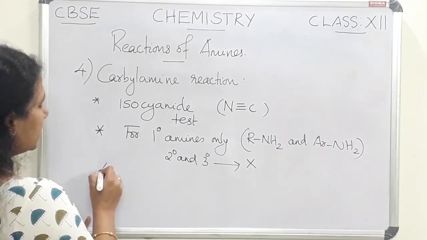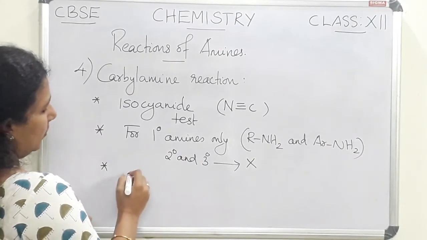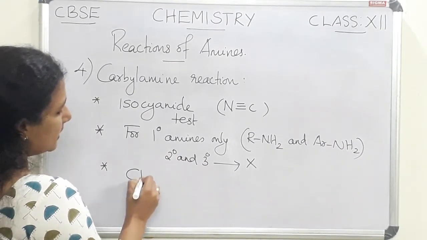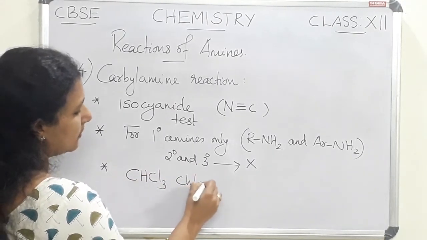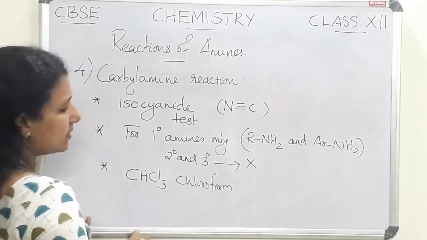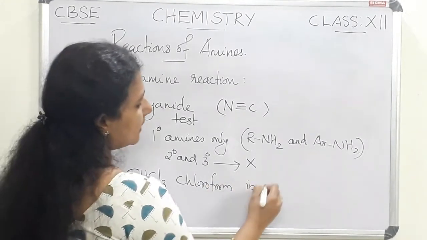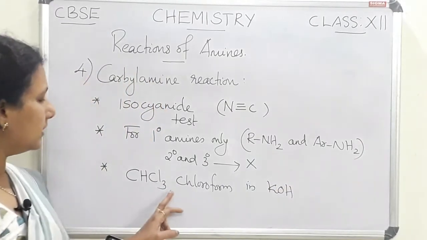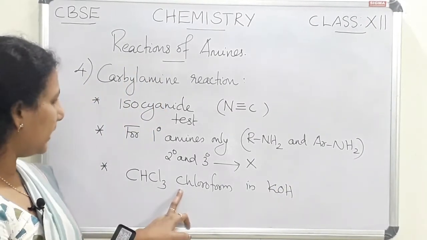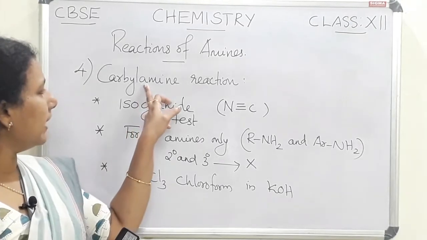In this case, the reagent to be used is CHCl3. CHCl3 is chloroform. So chloroform is the reagent used in basic medium, that means in KOH. Chloroform in KOH is to be used for this reaction.